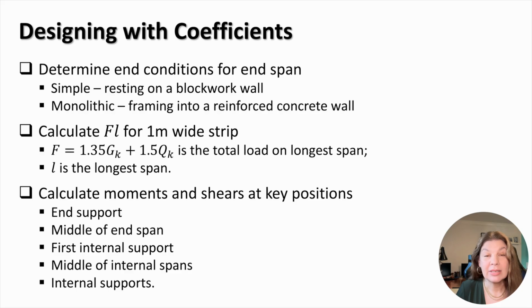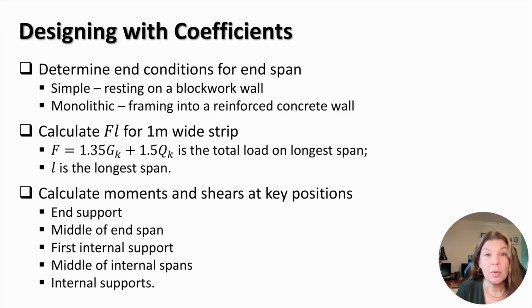The first step in slab design using coefficients is to determine the condition of the end support. The end support of the slab is considered as simple when the slab end rests on a block work wall, or considered monolithic when the slab end is framed into a reinforced concrete wall.